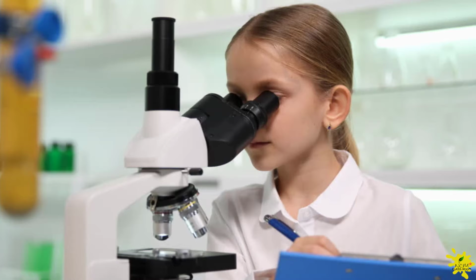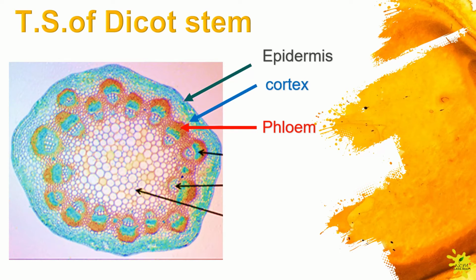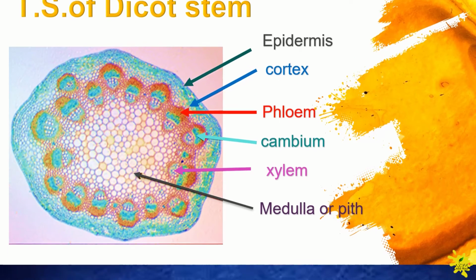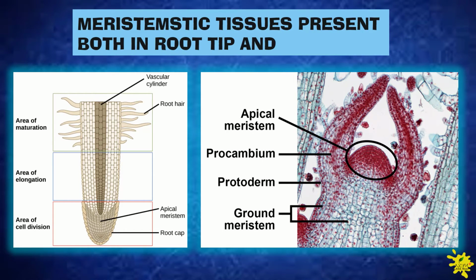Under the compound microscope, we can easily observe the outer layer called epidermis, and below the epidermis, cortex, phloem, cambium, xylem, and medulla or pith, the largest part. We can easily see the structures. And as we studied, meristematic tissues present in both root tip and shoot tip are the same.